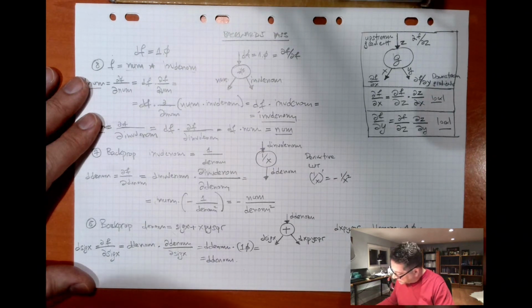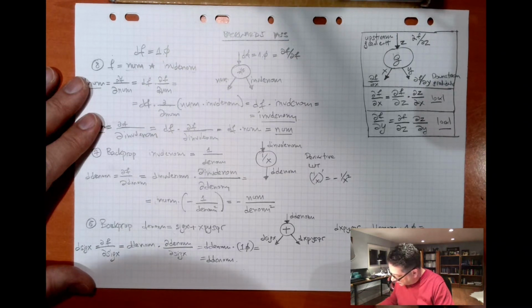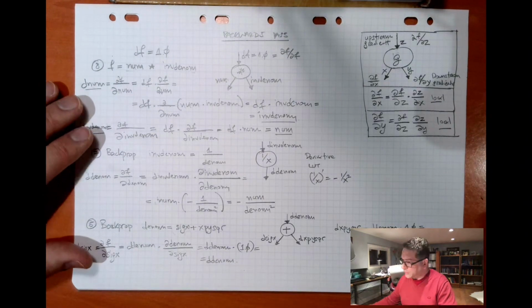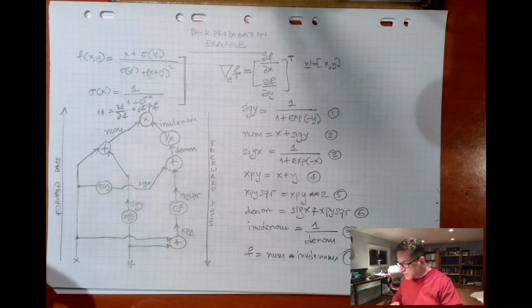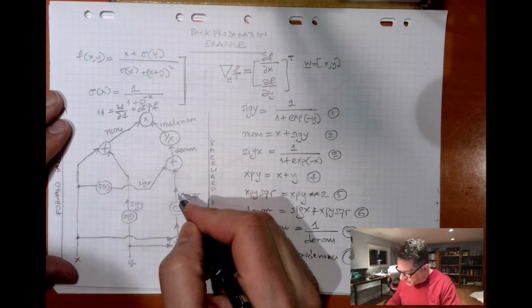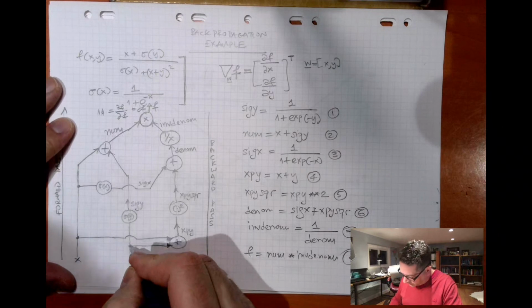So this is going to be again also d denom, which we know from previously.